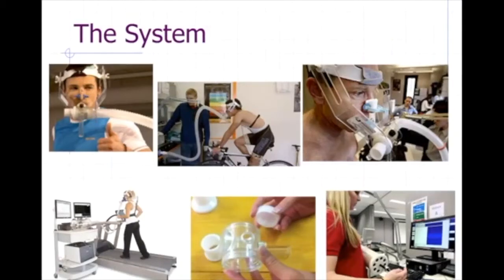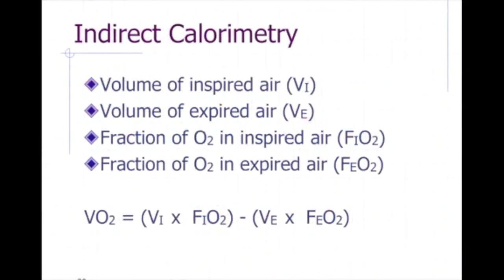We looked at some pictures previously, but this is how we measure it. We put up devices to measure the gases when we're breathing, and it goes through a great calibration period. To calculate what our VO2 might be, we look at the volume of our inspired air and the volume of our expired air.